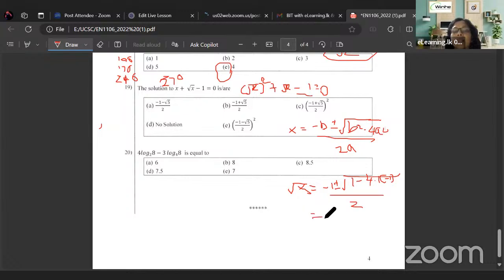Now the answer is minus 1 plus or minus. Here, my 4 into minus 1 minus 4, minus 4, minus this will become plus. Therefore, square root 5 will come into this part. Then divide the whole thing by 2. The answer for square root x is given, you can consider as this.